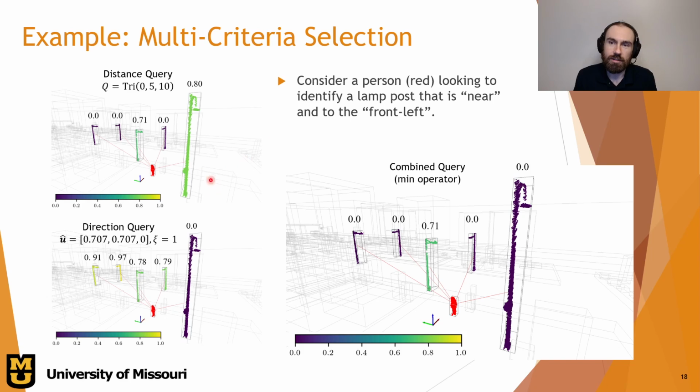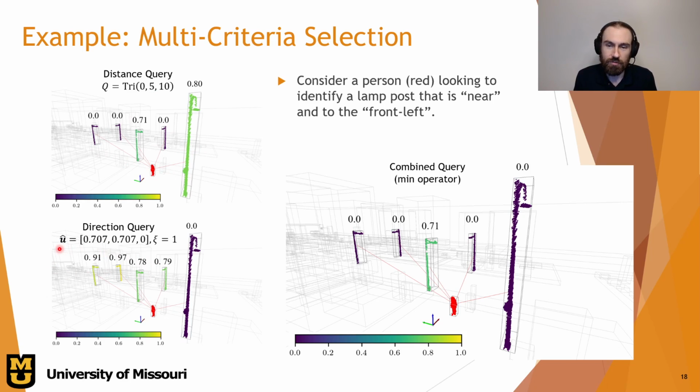So if we look at just the lamp posts near this object, so we can filter by object type, these values on top show the similarity scores of the distance query 0, 5, 10, so no more than 10 meters away, and a centroid, so a mean distance of 5 meters away. How well does each of these lampposts satisfy that? And then same with the direction.